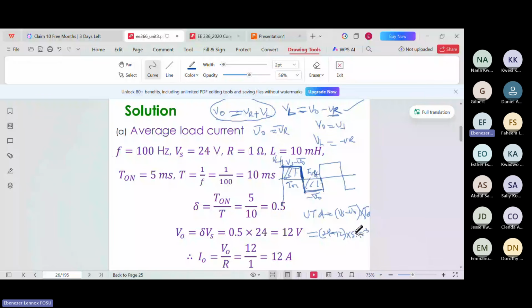We need to divide this by the inductance, which is given as 10 millihenry. So the change in IL will be equal to 12 times 5 times 10 exponent minus 3 divided by 10 times 10 exponent minus 3.